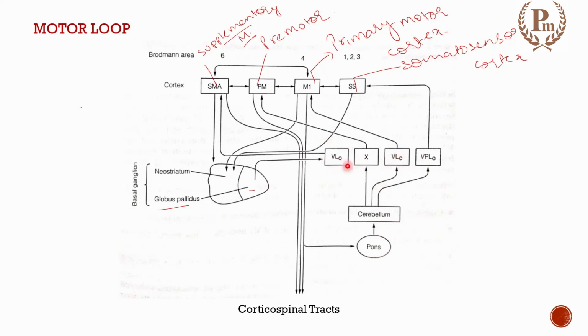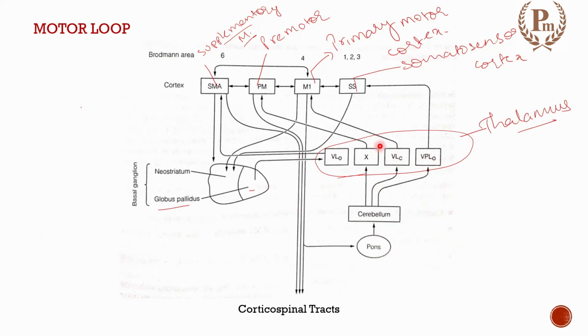These are the nuclei of my thalamus: ventrolateral, ventroposterior lateral, and so on. This is my thalamus. I'm not going into detail about which nucleus is attached to what, but let me very grossly tell you what this motor loop is.